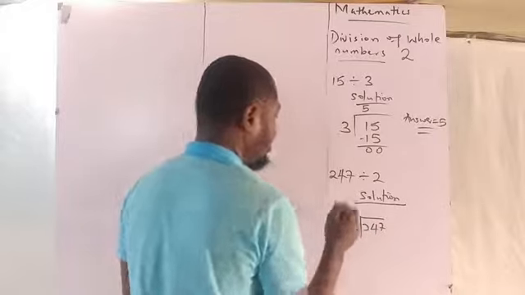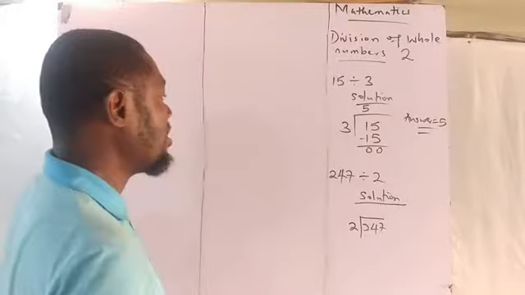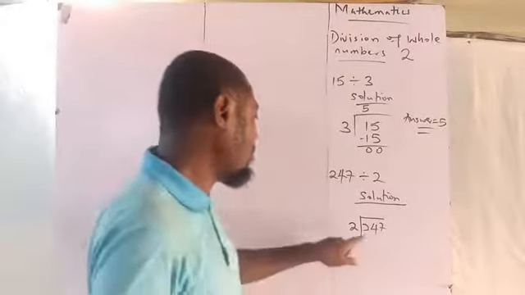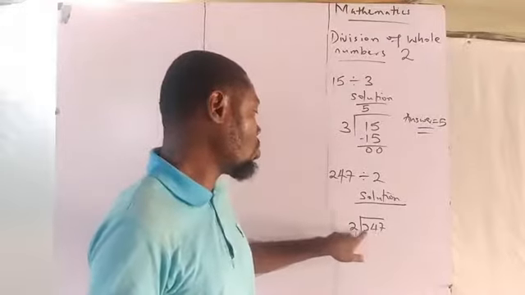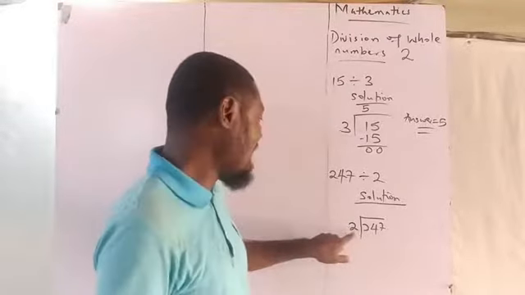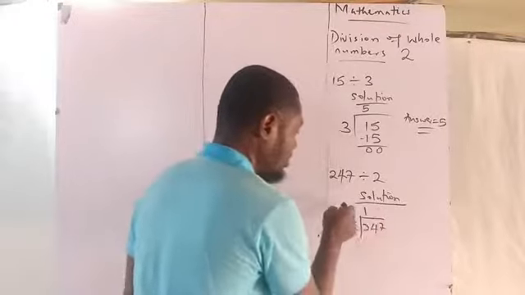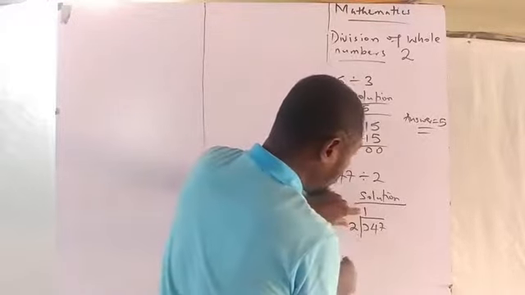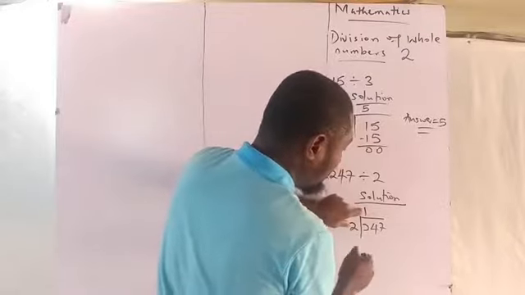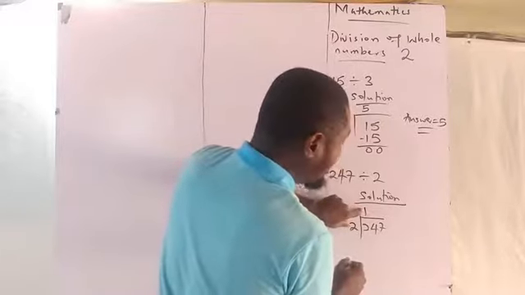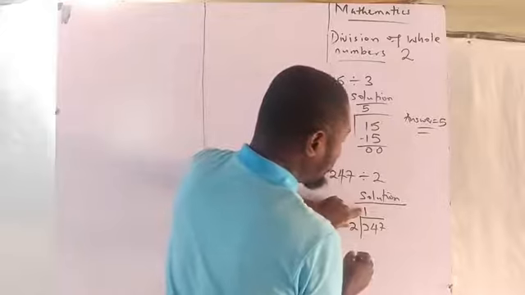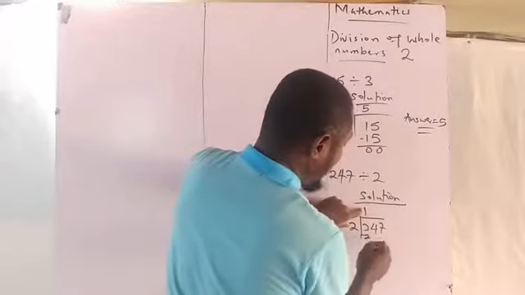Put the divisor outside. 247 divided by 2. The first digit, 2. Can 2 go into 2? The answer is yes. How many 2 are in 2? 1. Put it up there. 1 times 2, 1 times the divisor, your answer is 2. Write it directly under the number you considered. Put your minus sign.